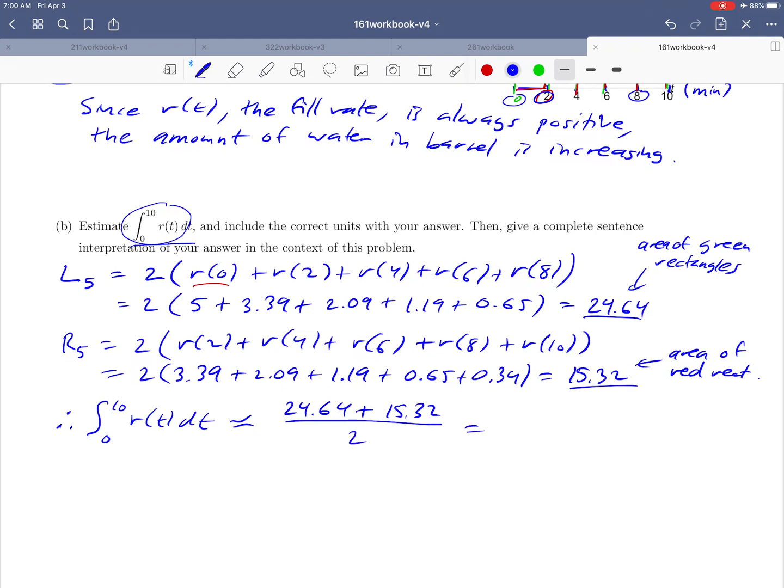All right, you can double check my calculations and confirm that that's going to be 19.98. Okay, so we have estimated the integral. We came up with a number that approximates it.